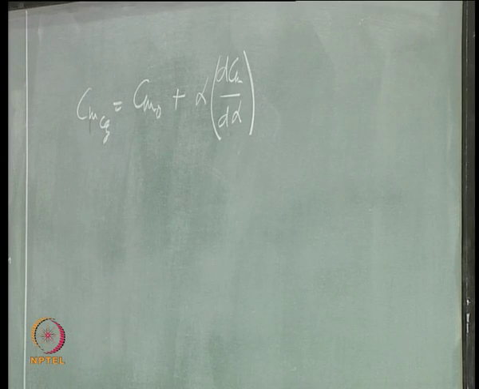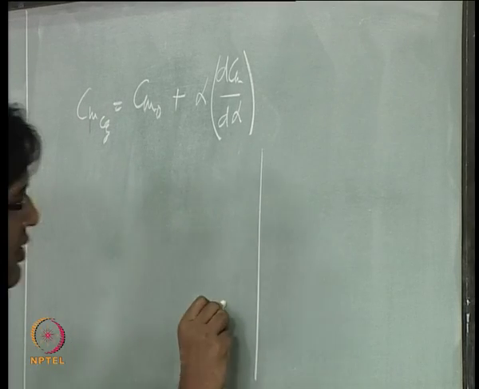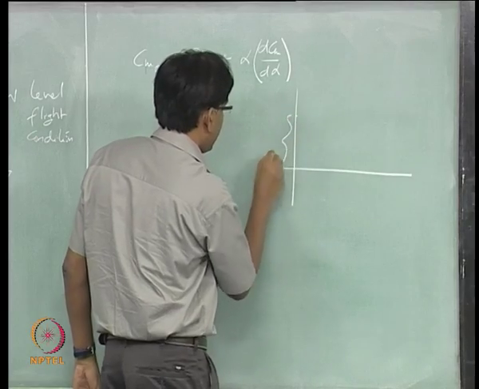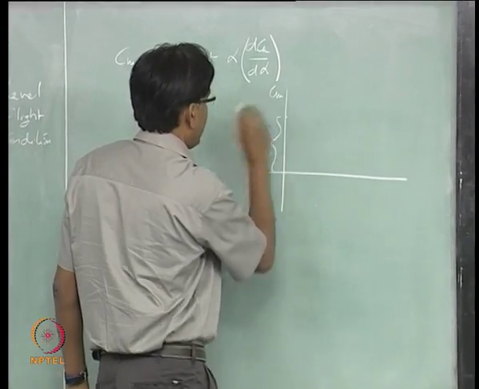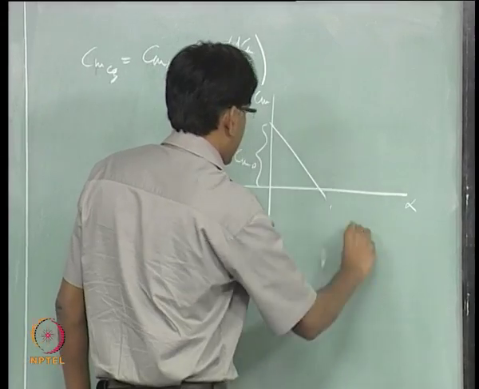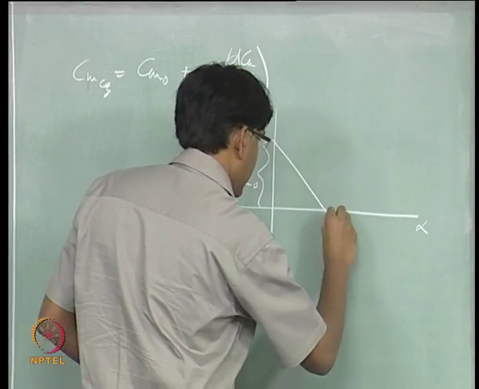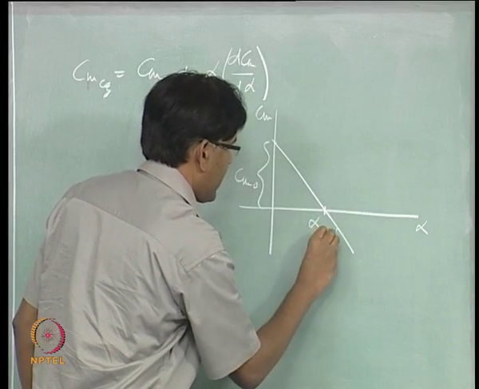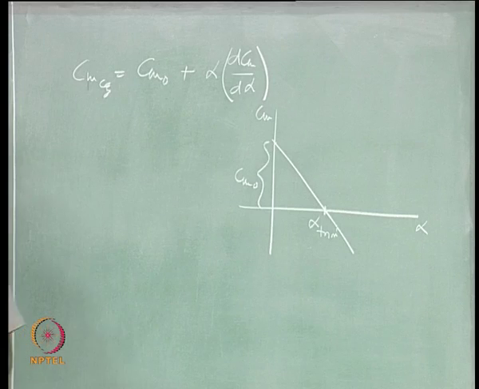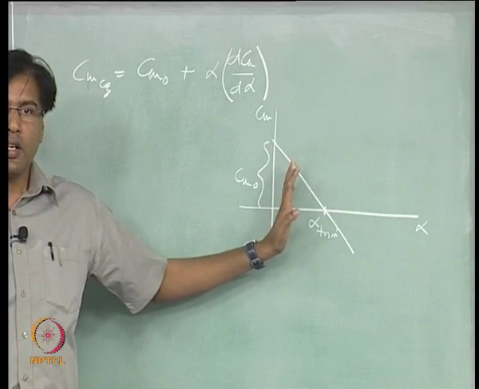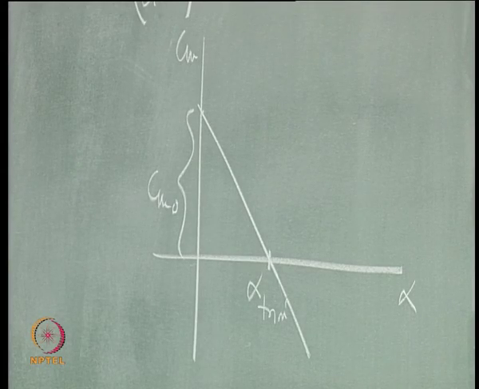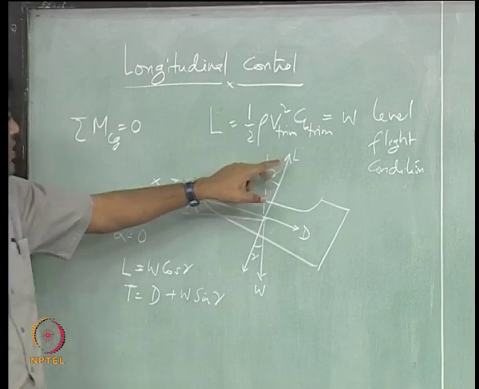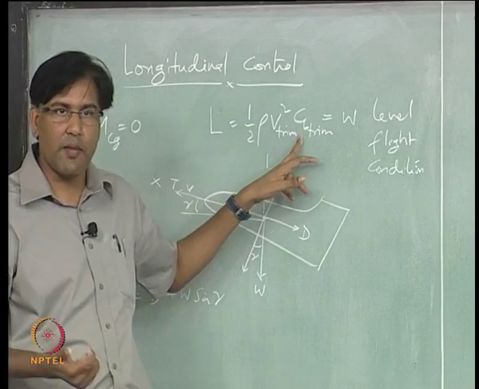And this is giving me, if I want to plot this, one alpha trim, right? If I do not change anything, okay, then this is what I am getting. Now I want to fly at different speed, that means I have to change this CL trim or alpha trim.